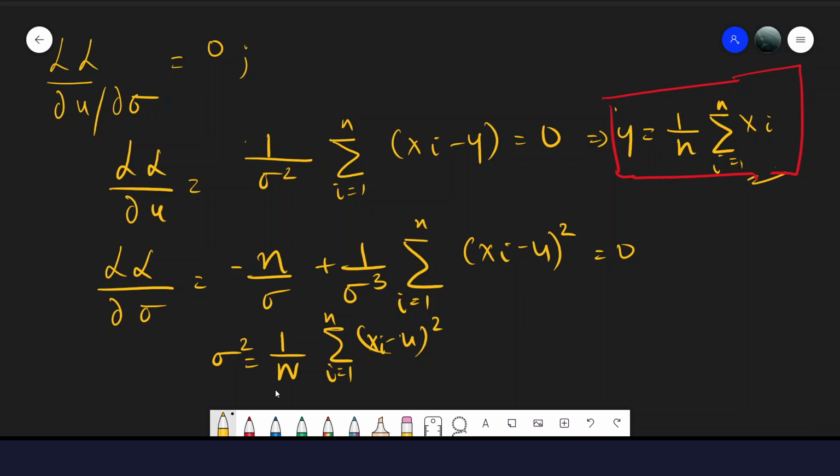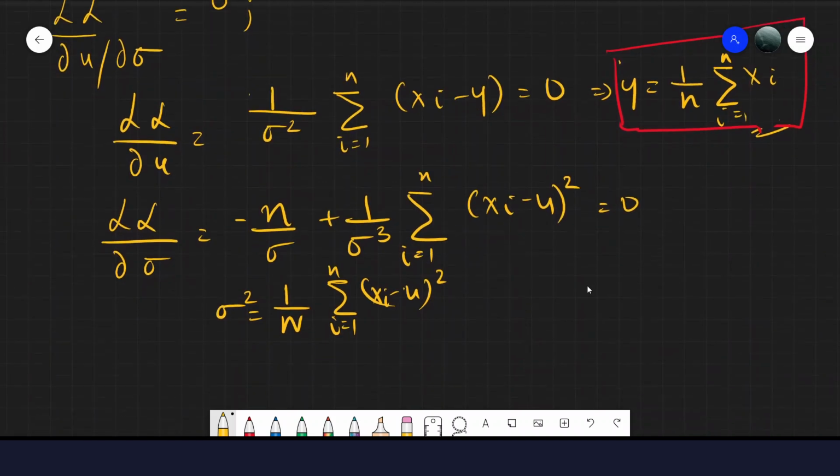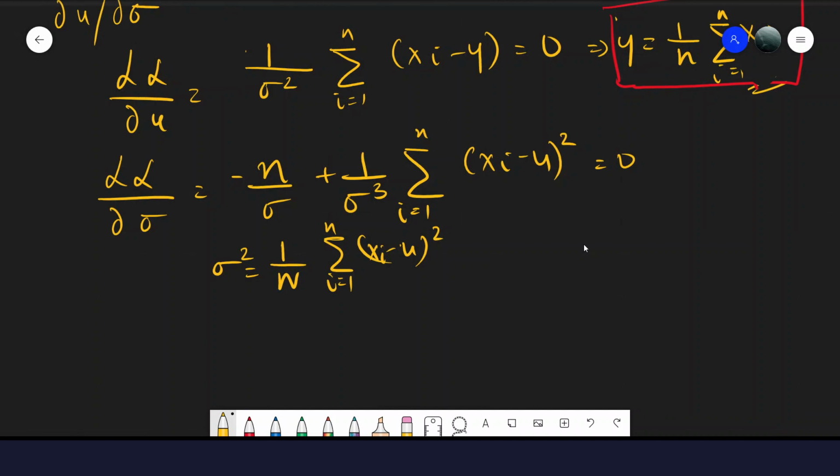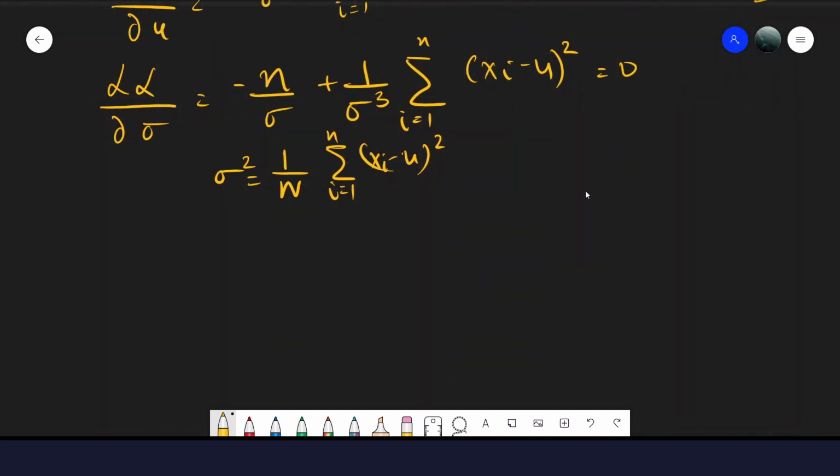We have proved mathematically that to maximize the likelihood of observing the sample data points in the population, we just have to take the mean and the variance of all the sample data points as the mean and the variance of the population data set as well. That's the beauty of maximum likelihood estimation. It's brilliant. It's so intuitive and so easy to understand, and I really like it.